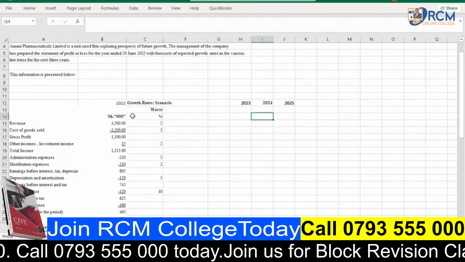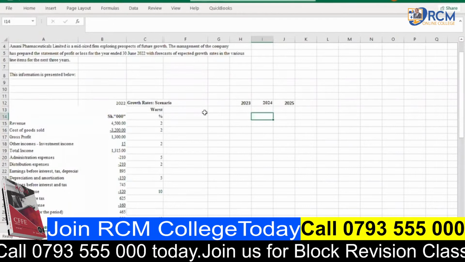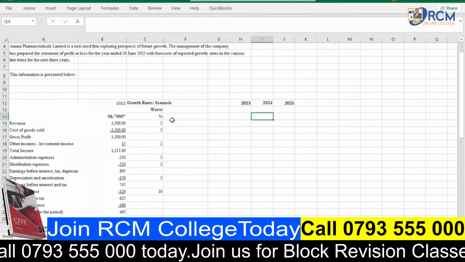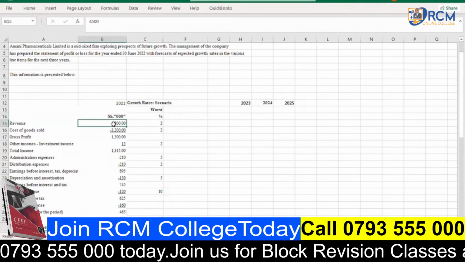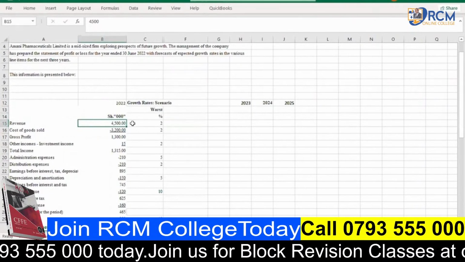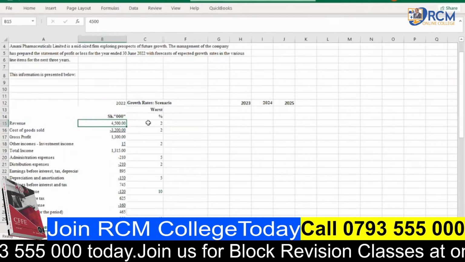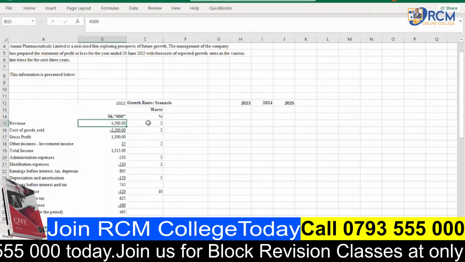So these values are given to us. Of course, the changes here are in percentages. So for 2022, revenue is 4,500. It is expected to increase by 2%.